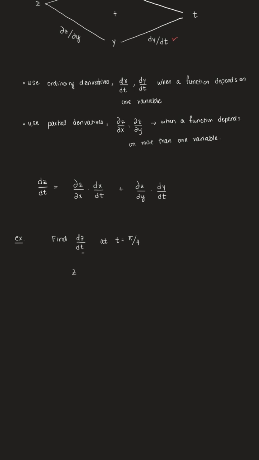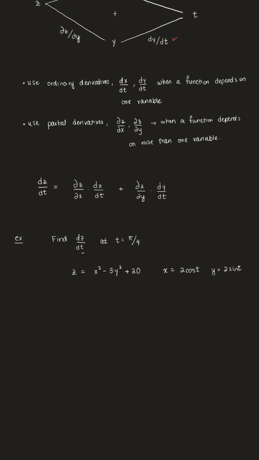We'll let z be x squared minus 3y squared plus 20. And now both x and y will depend on t. So x is 2 cosine t, and y is 2 sine t.